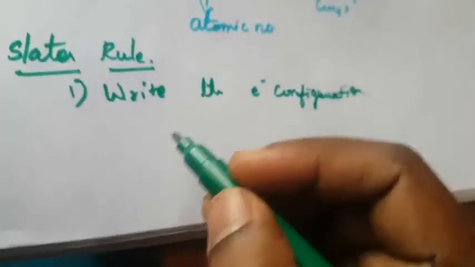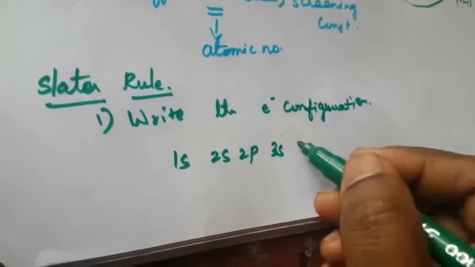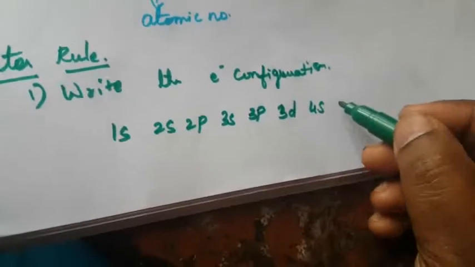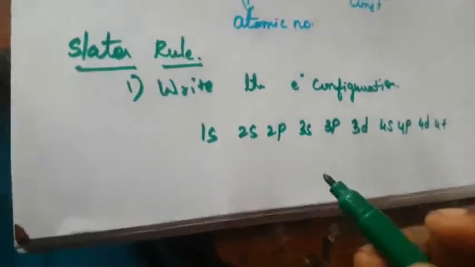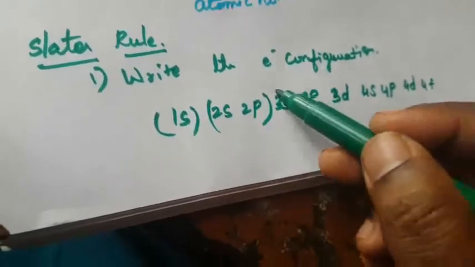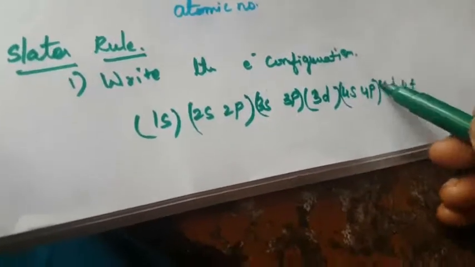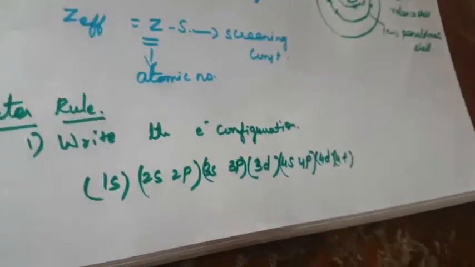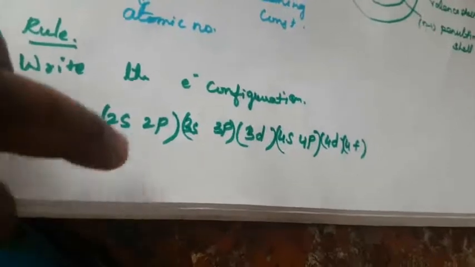How to group it? That is 1s, 2s 2p, 3s 3p, 3d, 4s 4p, 4d, 4f. This is the K shell, L shell, M shell, the d orbital, and so on. This is the grouping of the elements. First you write the electronic configuration, then group the elements by shell: the K shell, the n shell, the n-1 shell.